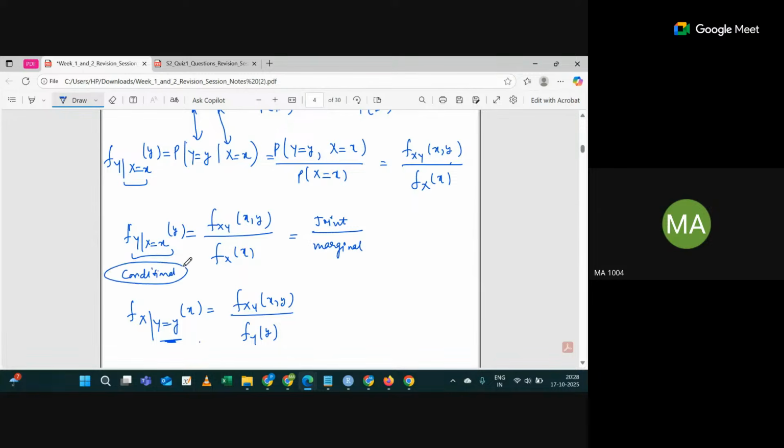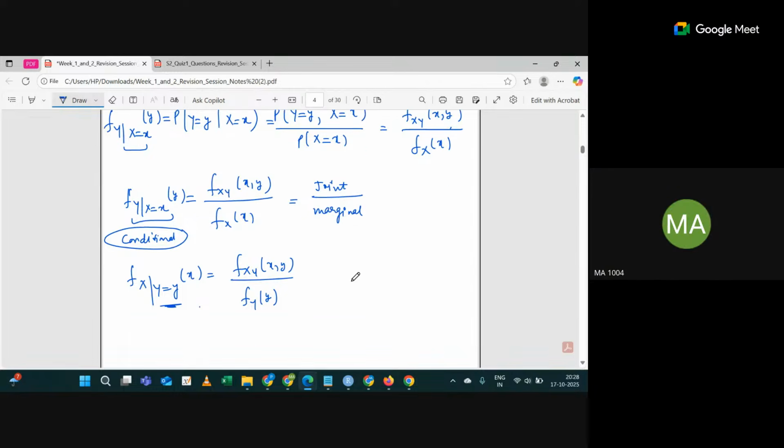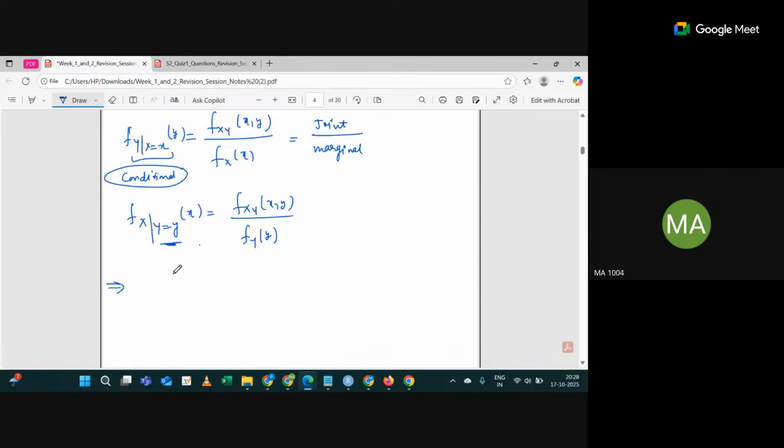If any two of these quantities are given to you, let's say the conditional and the joint, can you calculate the marginal? Yes. That's one of the important things. From here you can write joint PMF is equal to conditional times marginal.